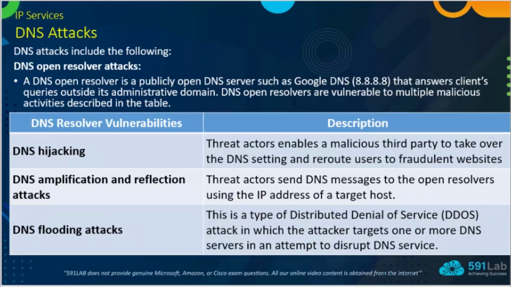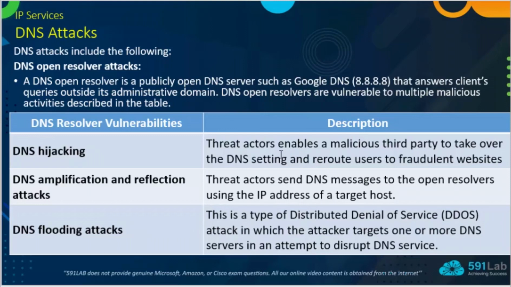DNS open resolvers are vulnerable to multiple malicious activities. One attack can be DNS hijacking, whereby the threat actor enables a malicious third party to take over the DNS settings and reroute the user to a fraudulent website.